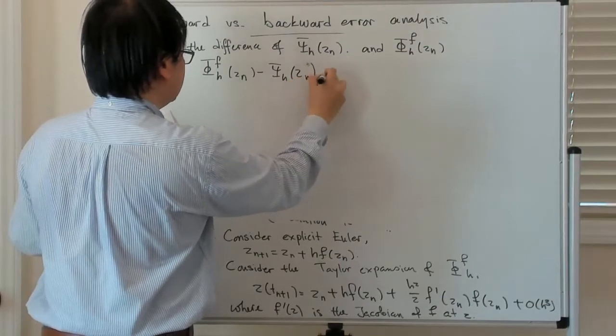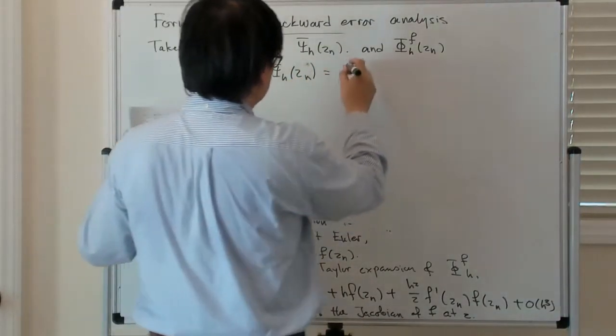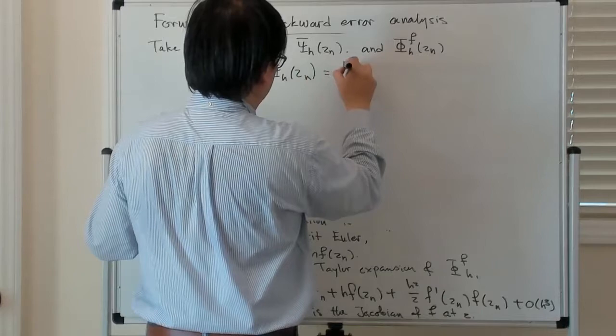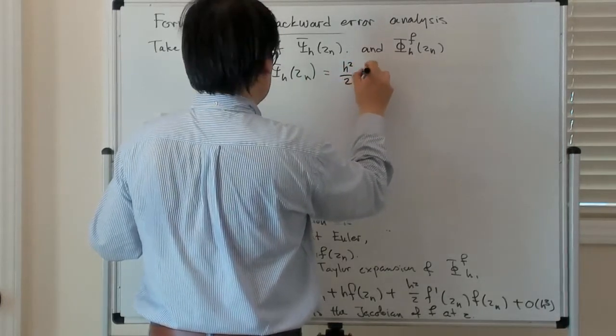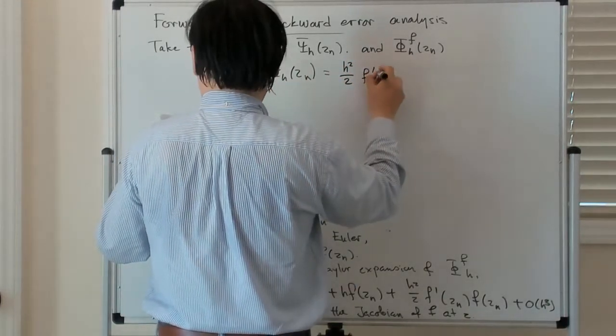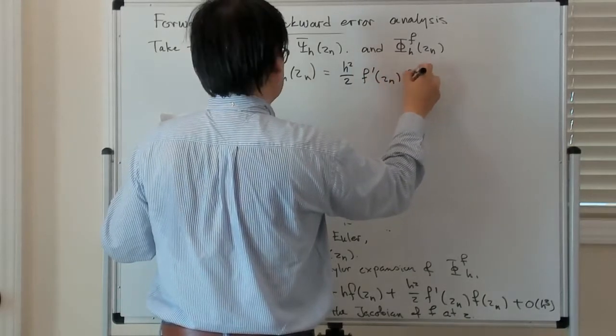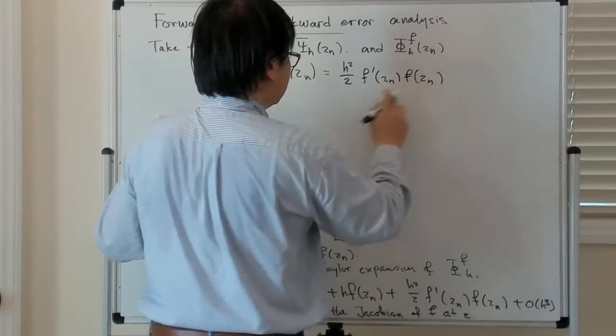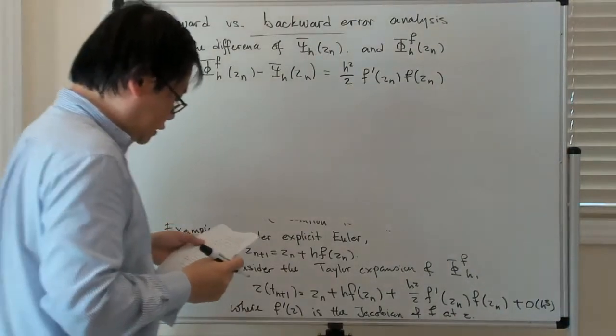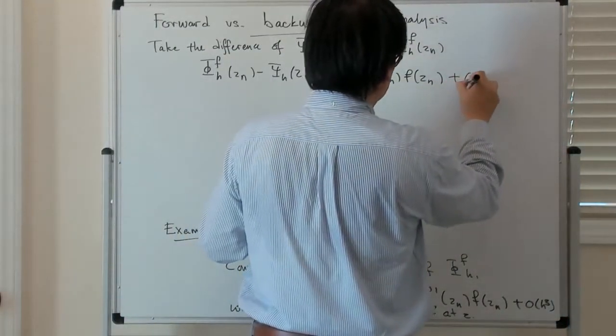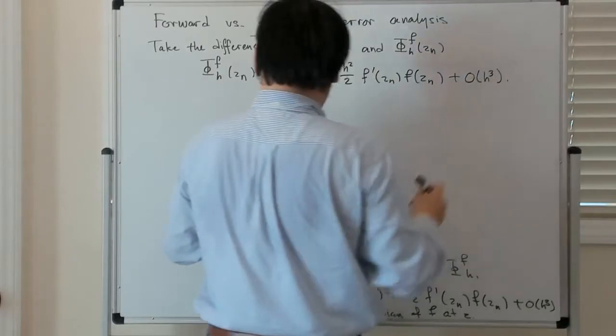So of course you know that the truncation error is of order h squared, which is why the forward Euler method is first order accurate. So the leading order truncation term is exactly this, plus something of order h cubed.